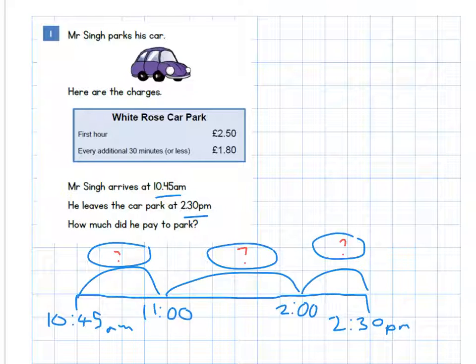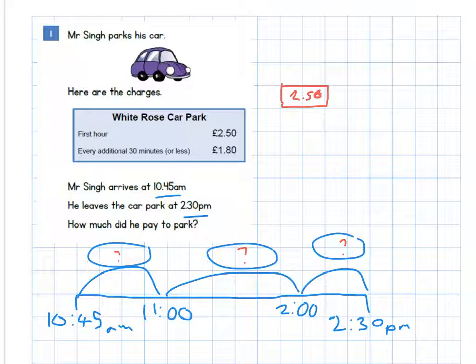And once we know how long he was in the car park for, hopefully then we can work out how much he had to pay. So remember, for the first hour, he pays £2.50. And then it's £1.80 for every half hour after that. I could represent that as a bar. So we have our first hour here. That's going to be costing him £2.50.